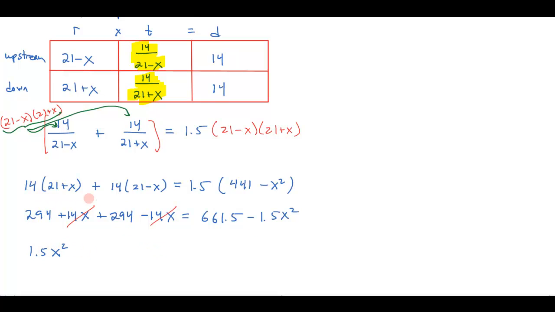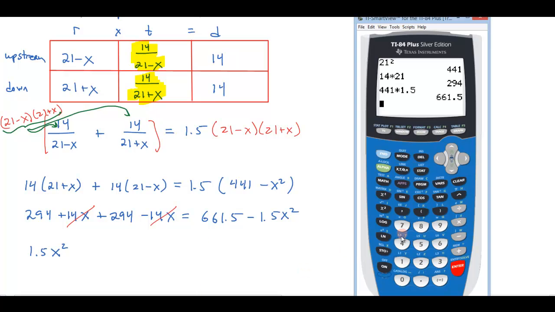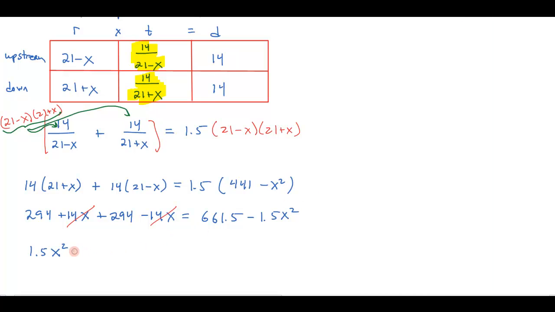And then I got 294 and 294, and then I'll have to subtract the 661.5. All right. So let's take 294 times 2. That'll be these two 294s. And then I want to subtract from that the 661.5. That gives me minus 73.5. And that leaves me 0 on the right.